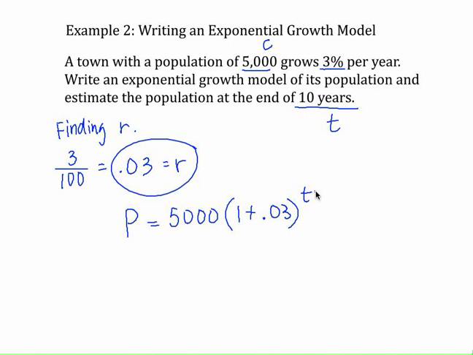If I want to find it specifically for 10 years, I'm just going to plug in 10 for t. P is equal to 5,000 times 1.03 raised to 10. I already did the addition. You would do 1.03 raised to 10 first, and then multiply to get approximately 6,719.582.